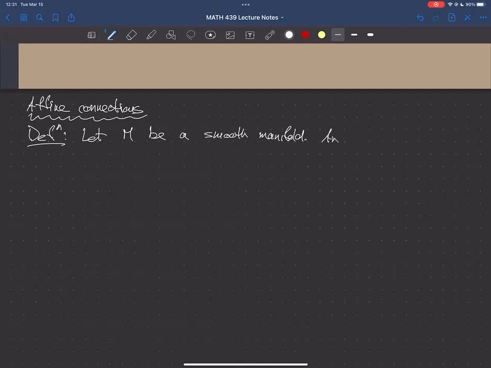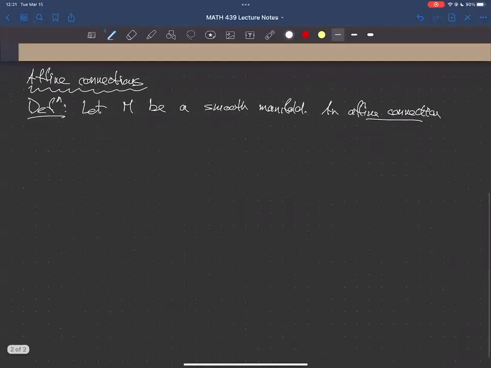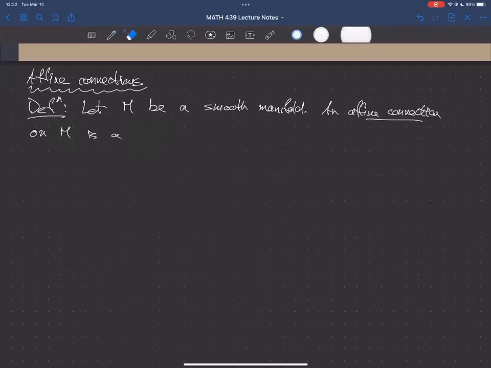So an affine connection on M is a mapping, and what it does is it takes as its argument two vector fields X and Y. Okay, so these are vector fields, as I'll say in a second.